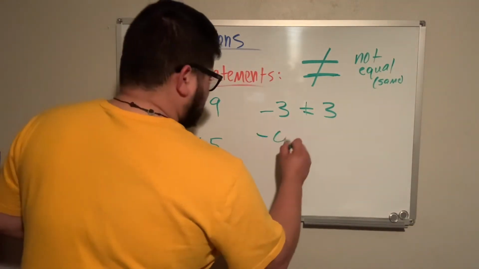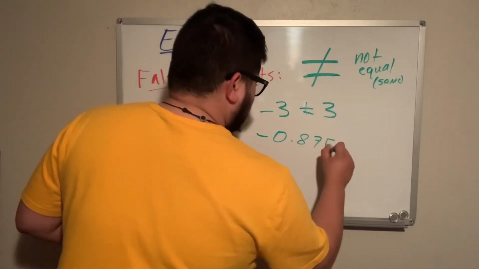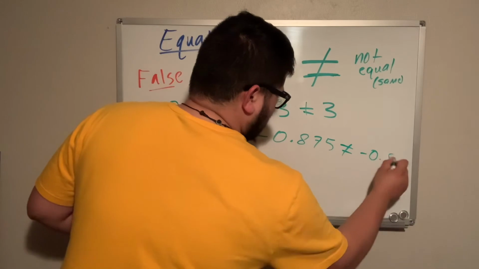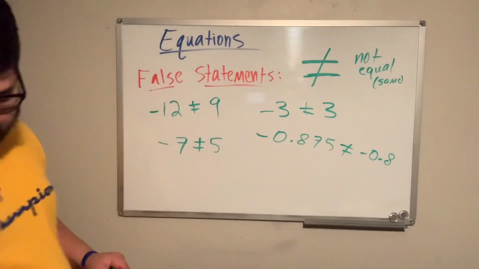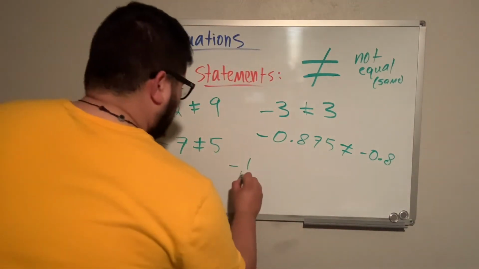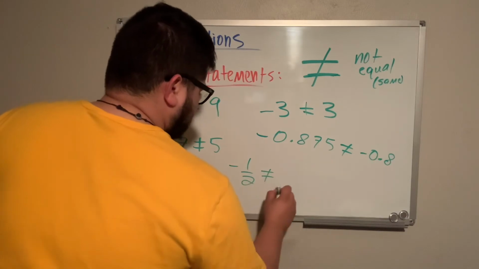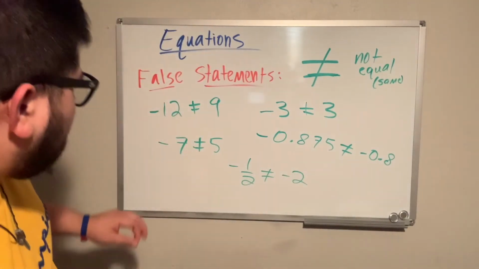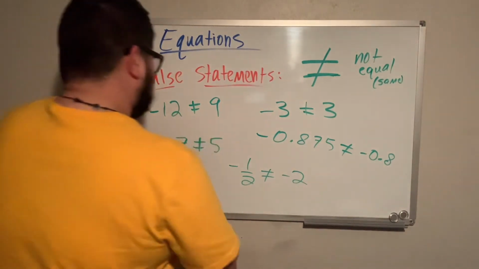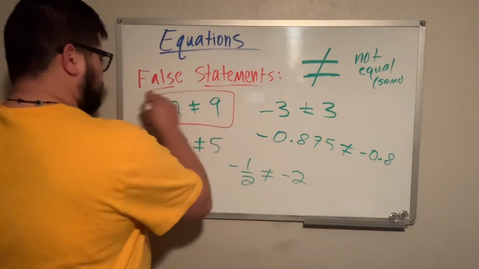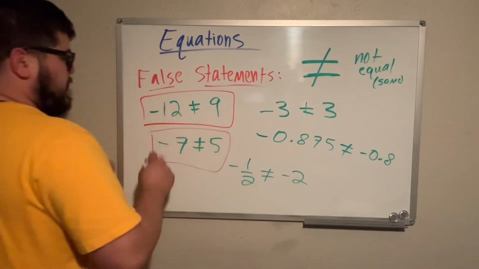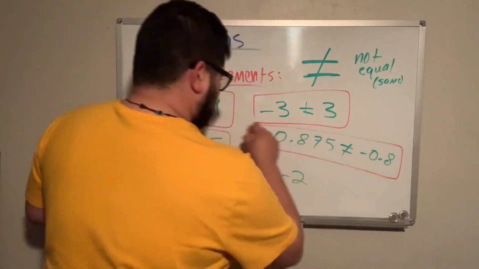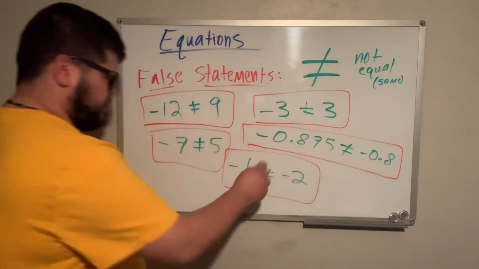Negative 0.875 is not the same thing as negative 0.8. And negative 1/2 is not the same thing as negative 2. These are all examples of numbers that are not the same, and I'm calling them false statements because we're looking at them as if they did not have the not equal sign, as if they did not have that slash through it.